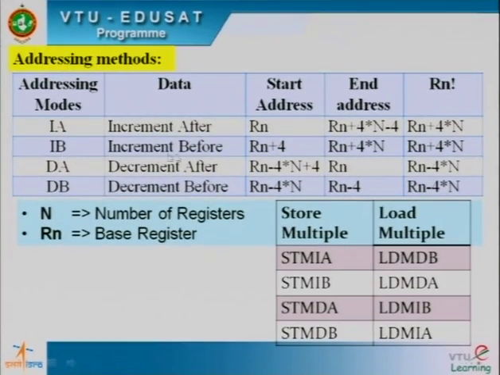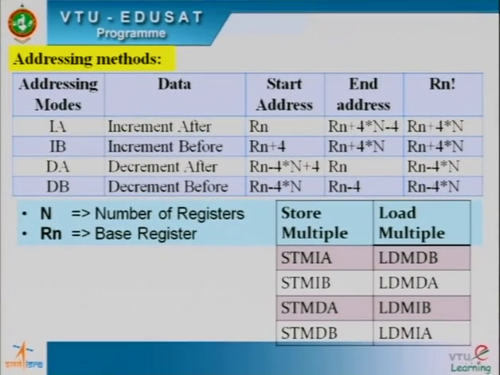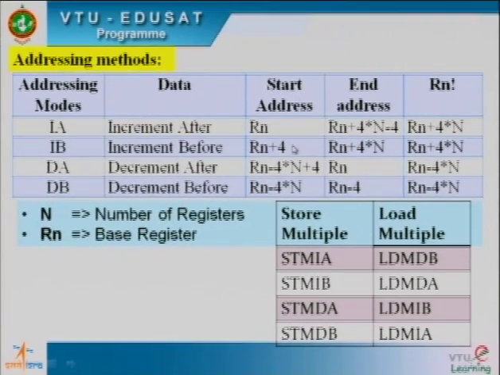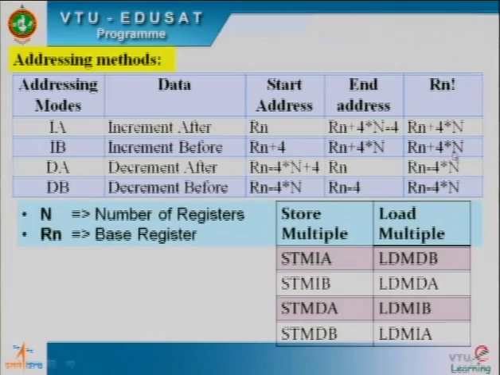When we say increment before, the start address is Rn plus 4, the end address is Rn plus 4n. The final value of Rn, if we update it with the exclamatory mark or write back option, is Rn plus 4n.